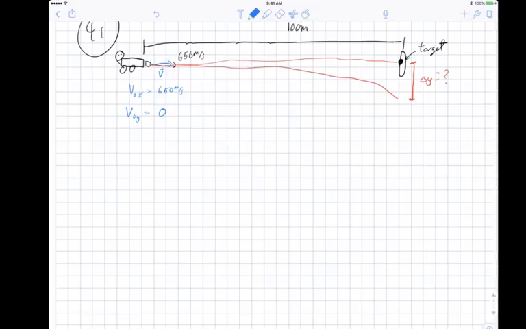And then we need a reference frame. Let me call the original position the origin, and I'll call going up positive and going to the right positive, increasing. Okay, so that's an increasing vector.